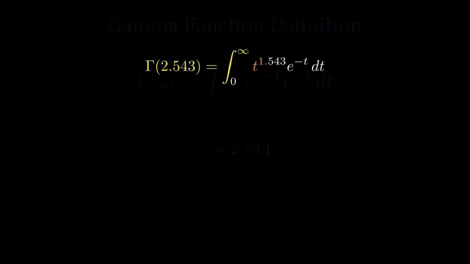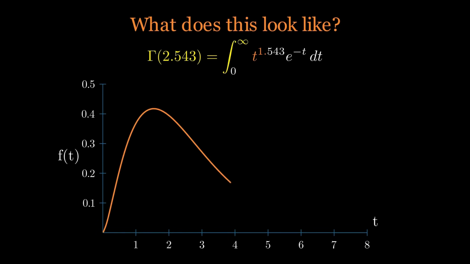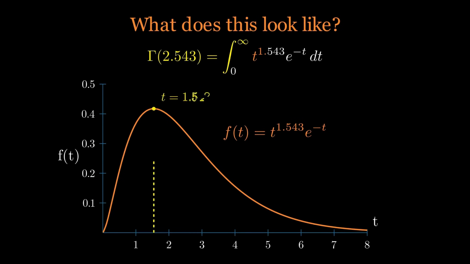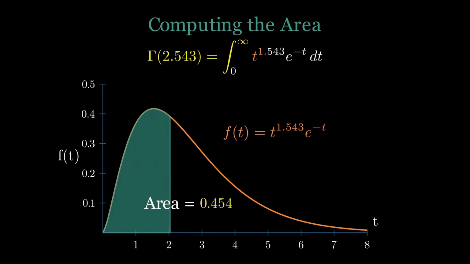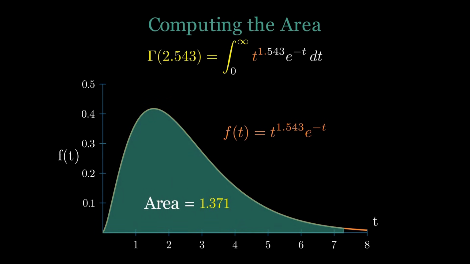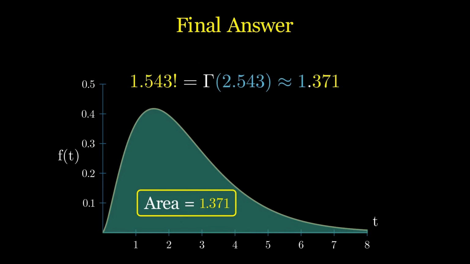Gamma of 2.543 equals the integral from 0 to infinity of t to the 1.543 times e to the negative t dt. So picture the curve, f of t equals t to the 1.543 times e to the negative t. It rises, peaks near t equals 1.543, then drops fast. And numerically, that area is about 1.371. So the final chain is cosine of i is about 1.543, and cosine of i factorial is about 1.371.